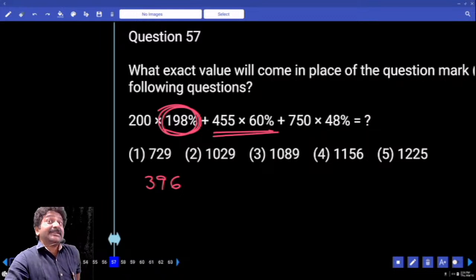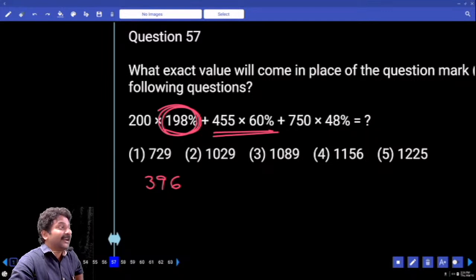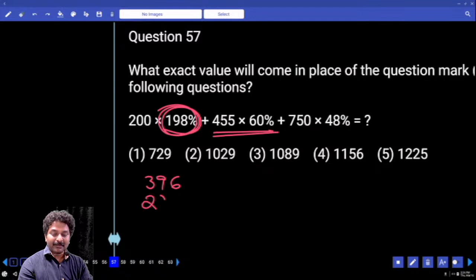How do we calculate 60%? If you take 50%, you'll get a decimal, right? I don't do that. 10% double, triple. 10% is 45.5, double is 91, triple is 273.